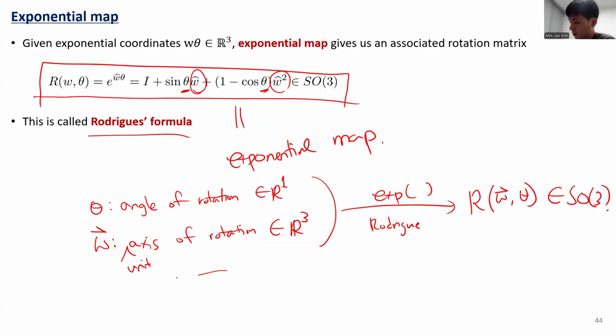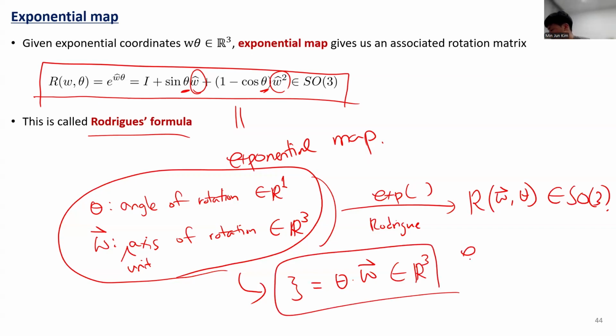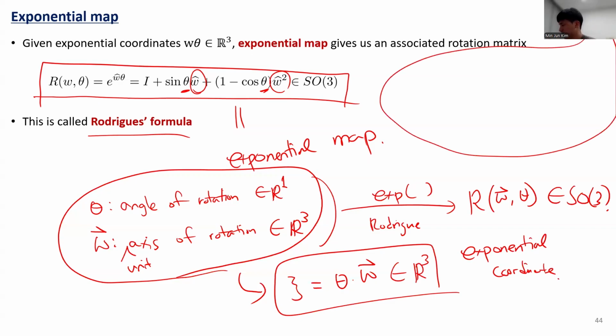And therefore, just combining these two, you can multiply theta and this axis vector, then that becomes R3, right? And we call this value the exponential coordinate. It's a little bit subtle, right?